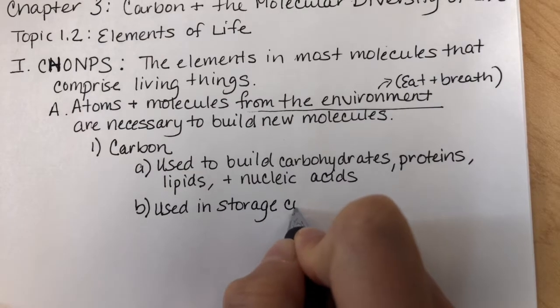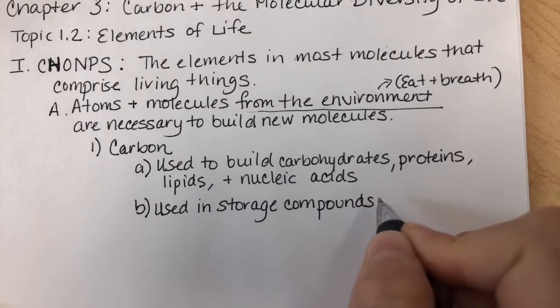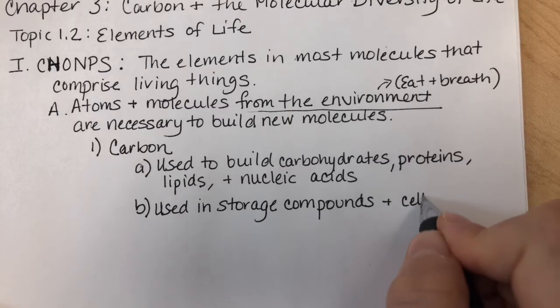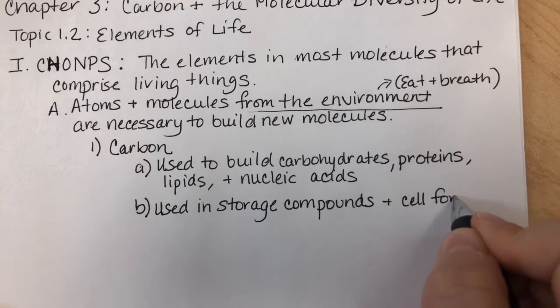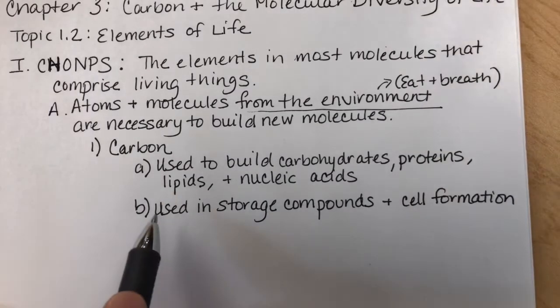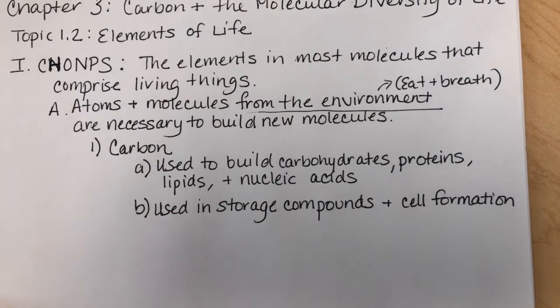So when we store energy for later use in our body, and the formation of cells. Cells are made up of molecules that contain carbon. So we are considered a carbon-based life form because in most of our molecules, carbon is kind of the backbone of it.